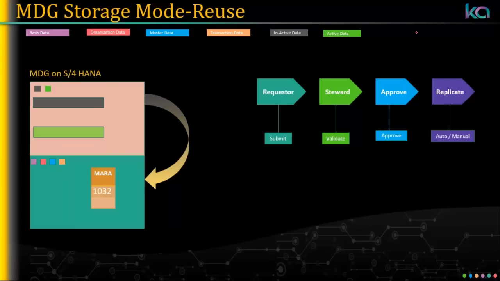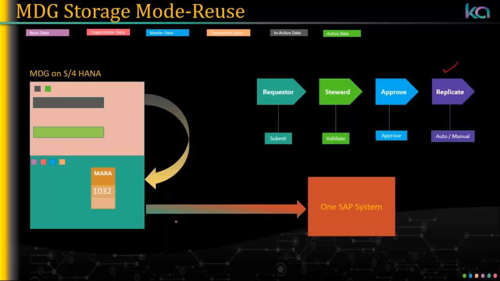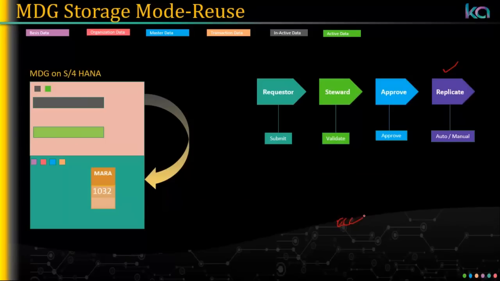There is an extra step called replication, which will send the data to that other SAP system. Now it can be ECC, if it is hub deployment. If it is not hub deployment, the replication will automatically end after approving the master data.